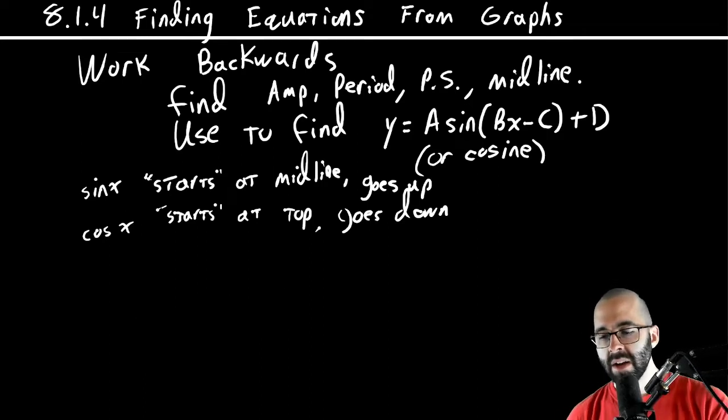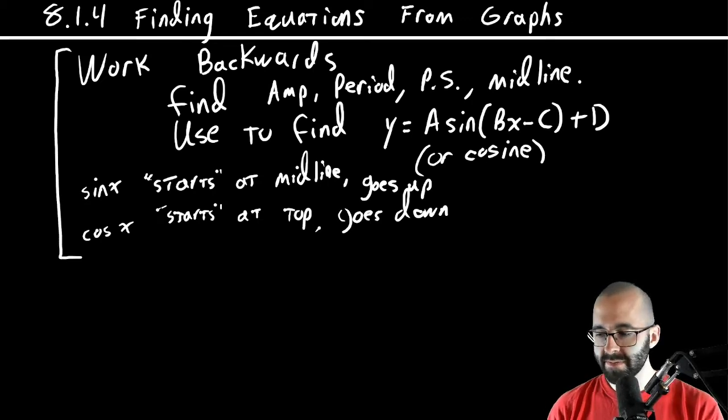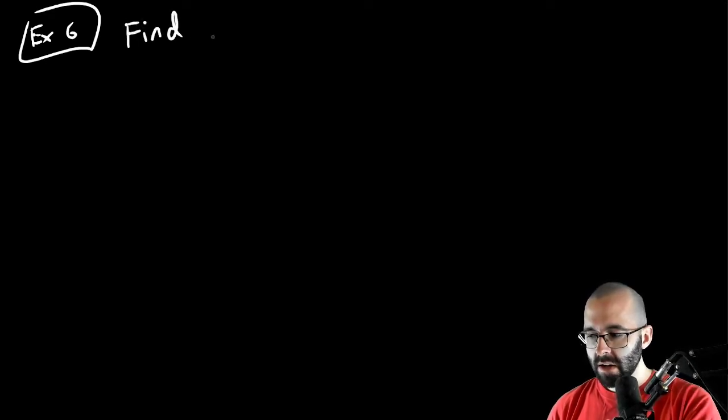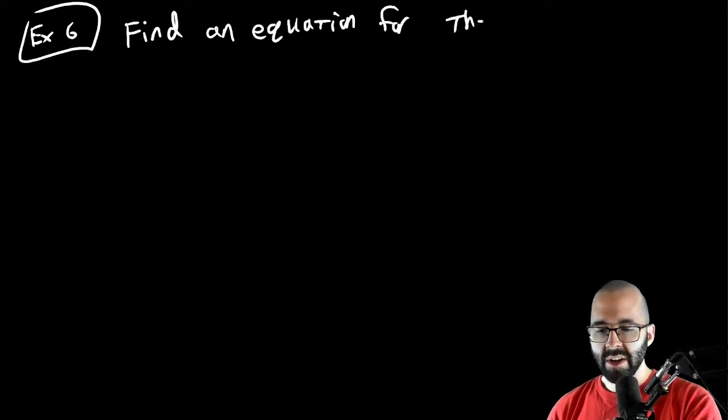All right, so let's combine all this to solve problems. So we're going to start with example 8. We have very high numbers. No, we're going to start with example 6. That's a little bit better. It says find an equation for the cosine graph.